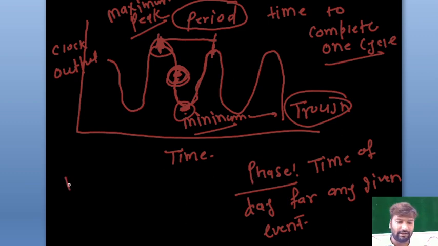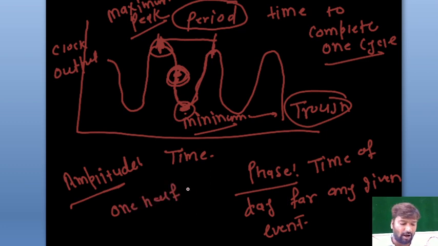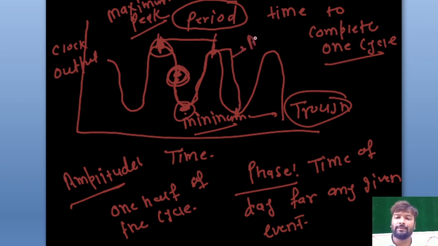Then third is amplitude. What is amplitude? It is one half of the cycle, means from maximum to minimum. This is known as your amplitude, or minimum to maximum. This is also known as amplitude.